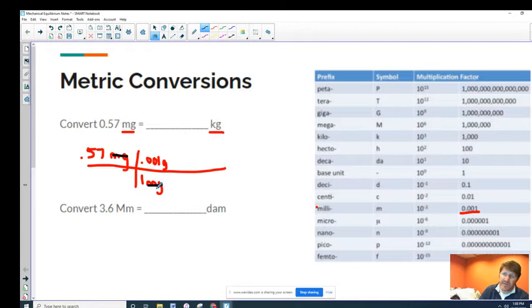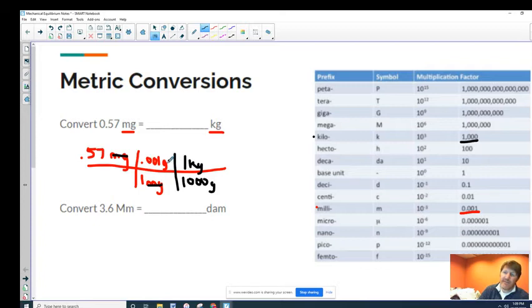That's why I put this one on the bottom here. And my answer will be in grams, but I need to get to kilograms. So I need to do another conversion factor. So I'm going to find kilo over here, and I'm going to see that kilo means 1,000. So 1 kilogram is equal to 1,000 grams. So 1 kilogram.